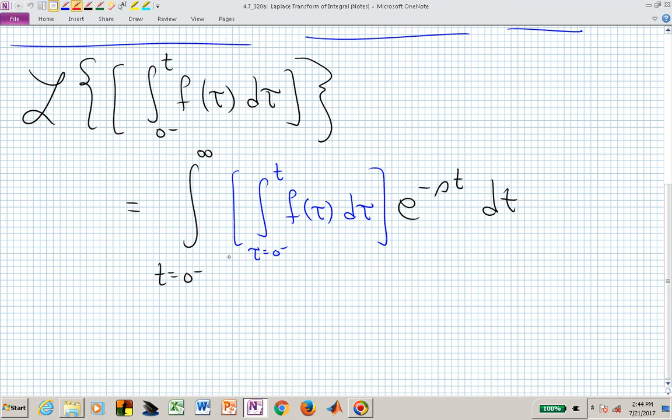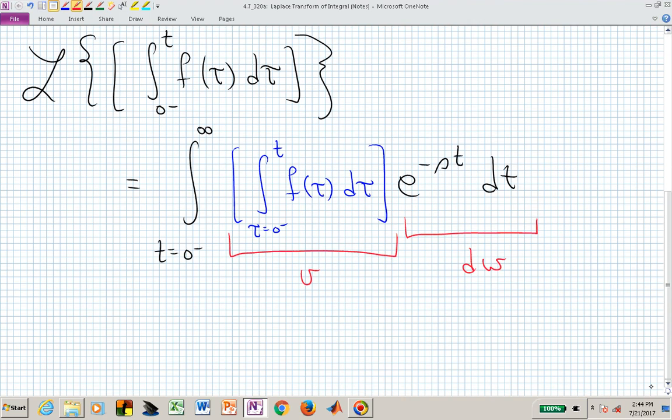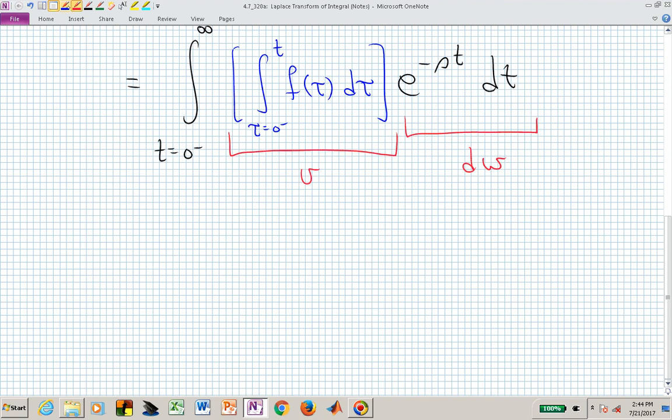In this particular case, if we call this waveform, which we are trying to find the Laplace transform of, v, and call what's remaining dw, then by integrating by parts, we can reduce this down to something that looks more familiar. Here we're defining v of t to be the integral from 0 minus to t of f of tau d tau.